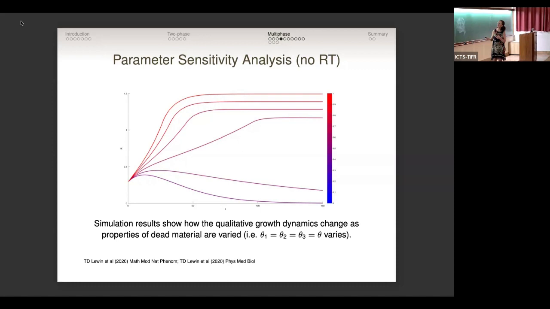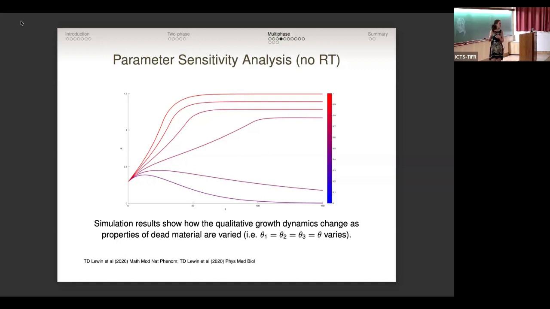Theta equals 0 says that the dead material is just like water. Theta equals 1 says that the dead material is like cells, so a viscous fluid. And these are the values in between as I vary those properties.